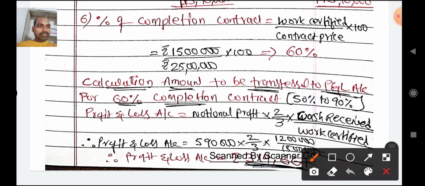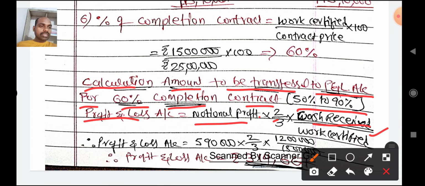He has asked simply this one only in the question. Calculate the amount to be transferred to P&L account for 60% completion of contract, that is 50 to 90%. Profit and loss account is equal to notional profit into 2 by 3 into cash received by work certified.